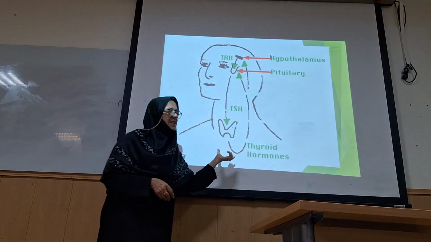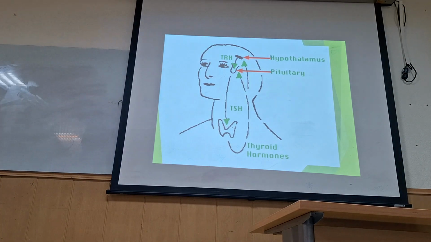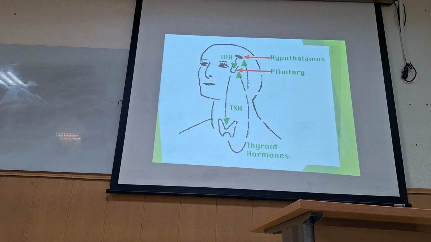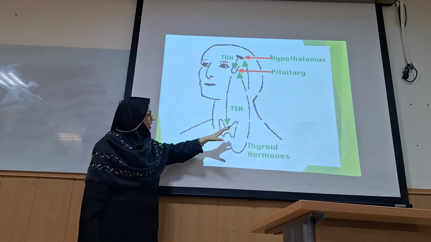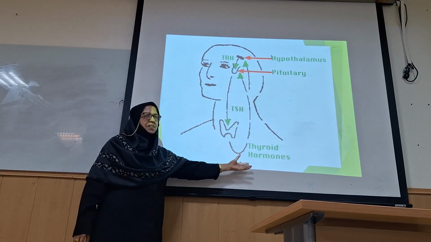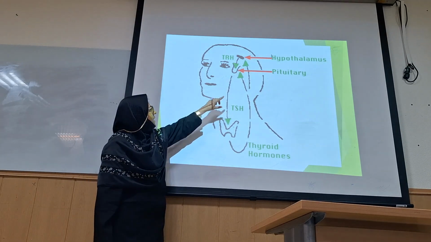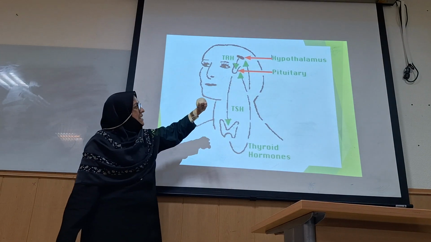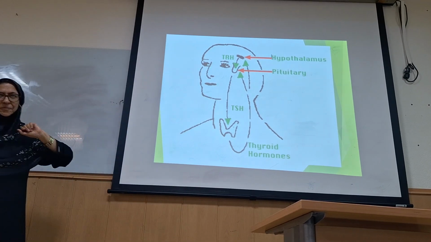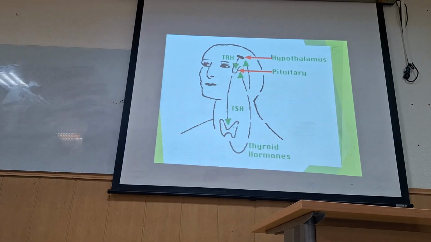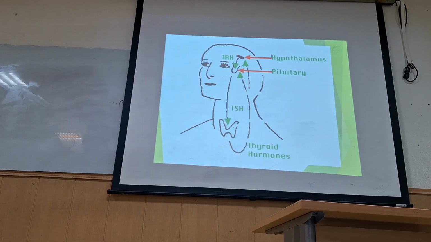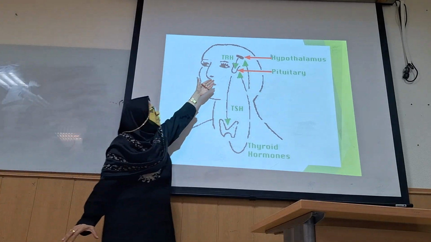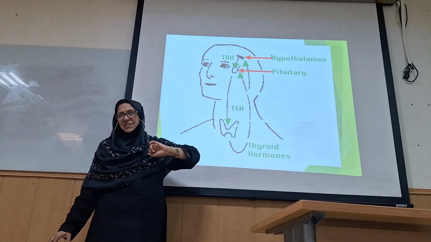In this slide, you see the control of thyroid hormones. This area is the thyroid gland. Okay? I told you the thyroid gland releases thyroid hormones. There are many cells in the pituitary gland named thyrotropic cells. Thyrotropic cells in the pituitary gland release TSH.